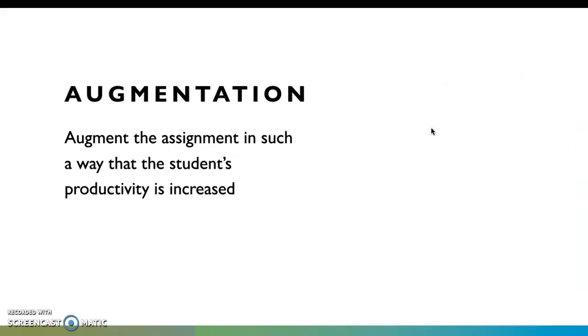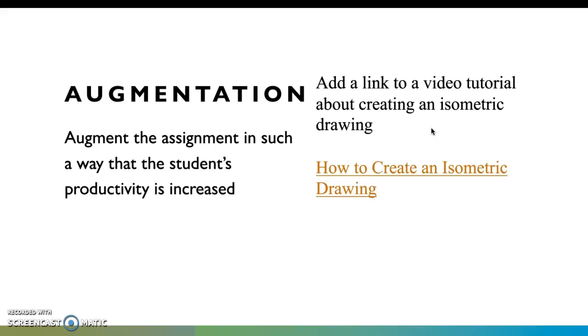All right, next is augmentation. Augmentation would be where the assignment has been changed in such a way that the student's productivity is increased. It's a way of enhancing the student's learning experience. In this case, I would have demonstrated the steps necessary to create the isometric drawings.